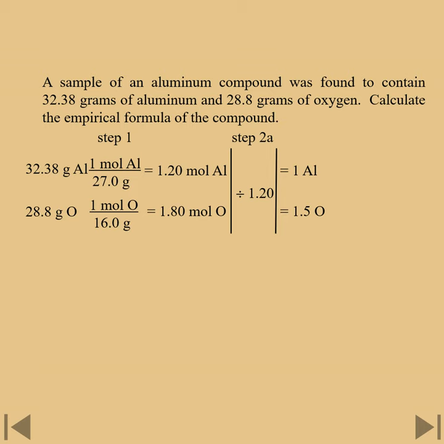So that 1.5 is like 3/2. And so to clear the fraction, we multiply everybody, so the aluminum and the oxygen, by 2. And hence we have 2 aluminums and 3 oxygens for the formula of Al2O3.